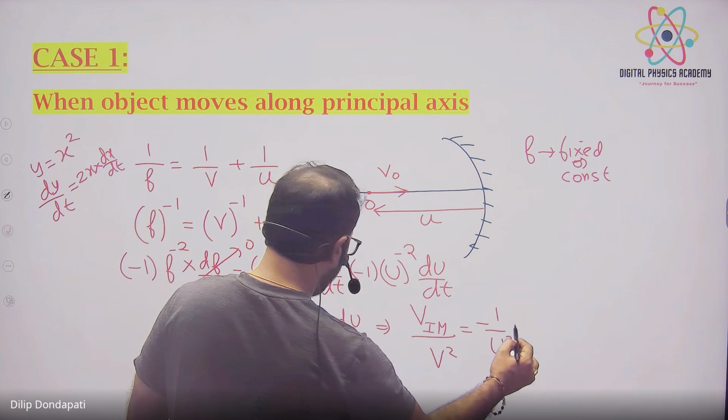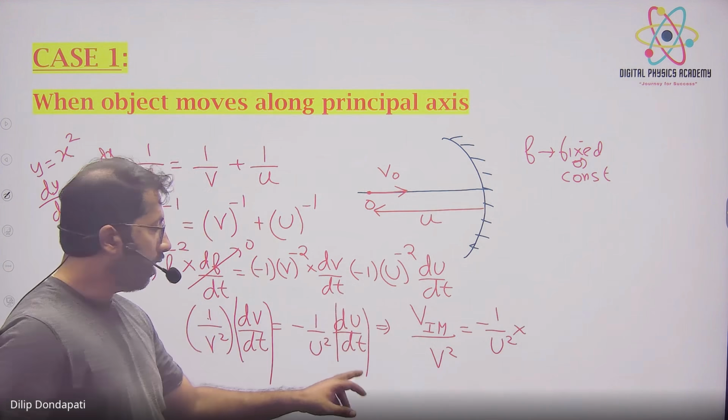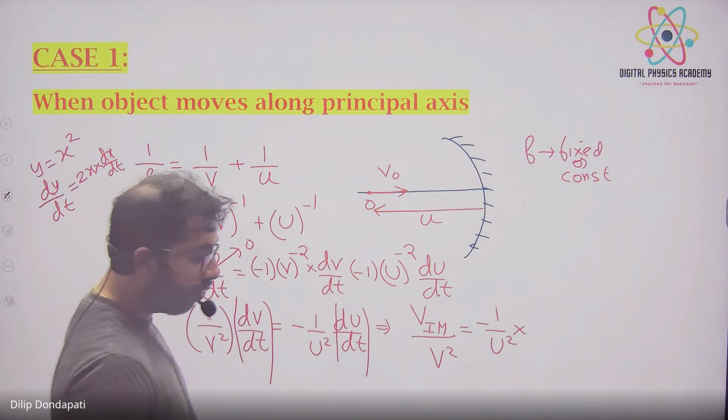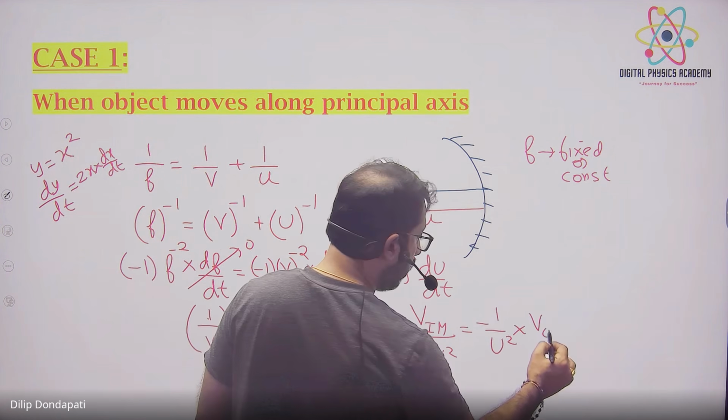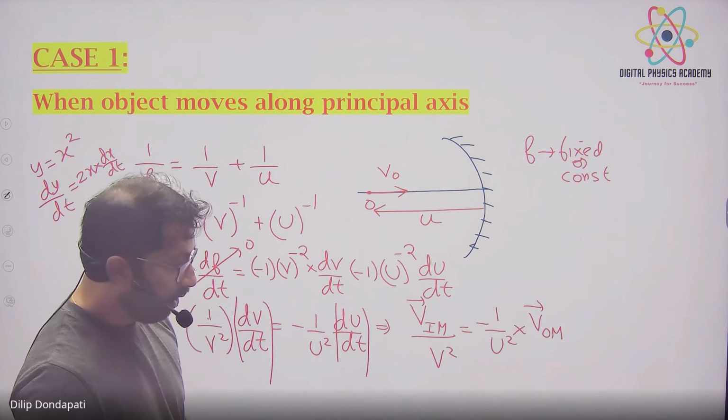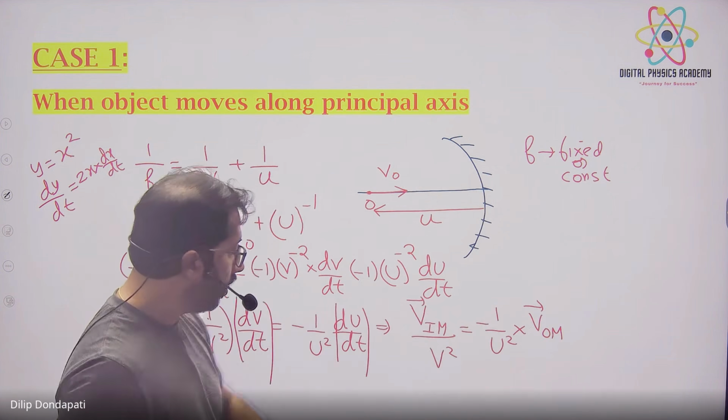What is du by dt? The velocity of the object with respect to the mirror. So I will rearrange this, taking v square to the other side.